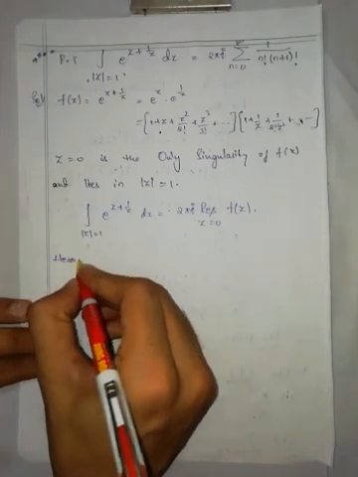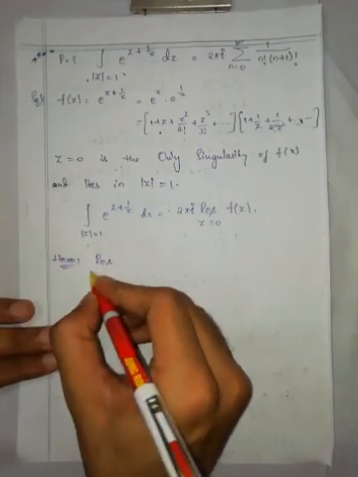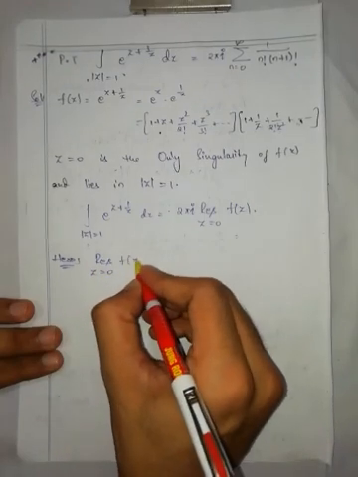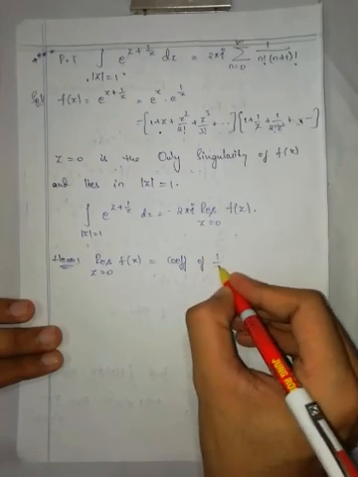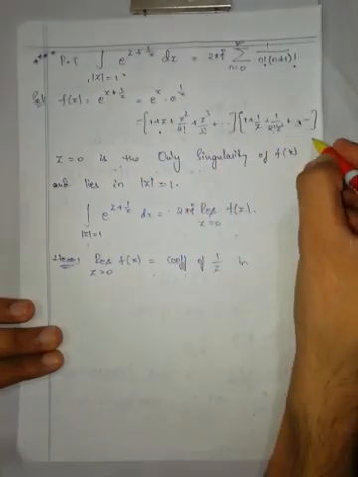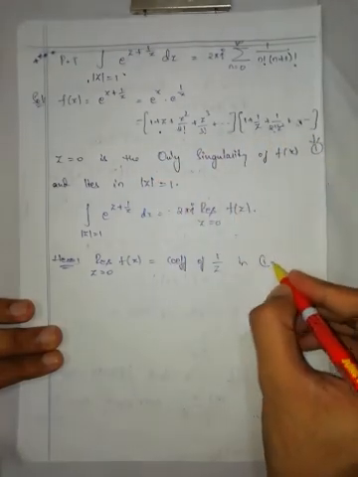Here, what is the residue at z is equal to 0 f of z? It is nothing but the coefficient of 1 by z in this series in equation number 1.